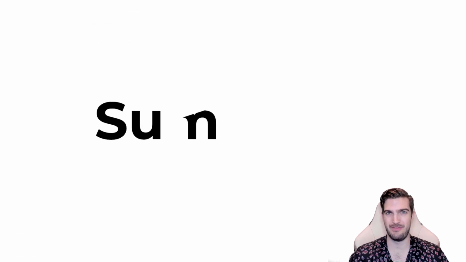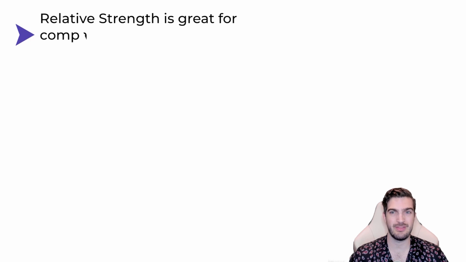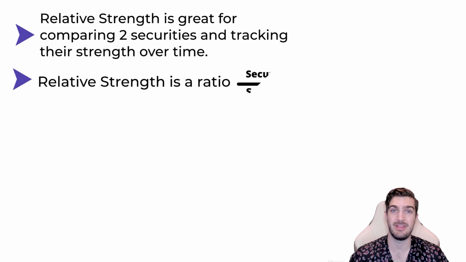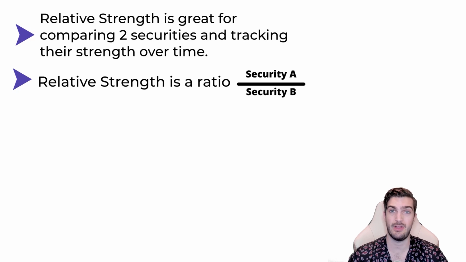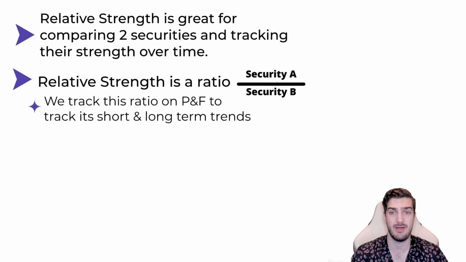We've covered a lot of information today, so let's quickly summarize what we've learned in this video. We learned that relative strength is a great way of comparing two securities and, more importantly, comparing their prices and how their prices have changed over time. Relative strength is based on a ratio of one price divided by the other, and we try and track leadership in short term and long term by looking at how this ratio changes over time.